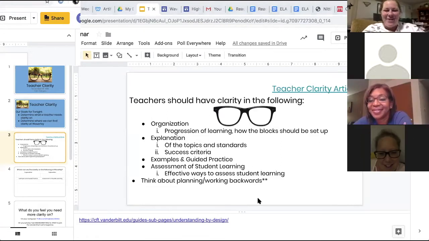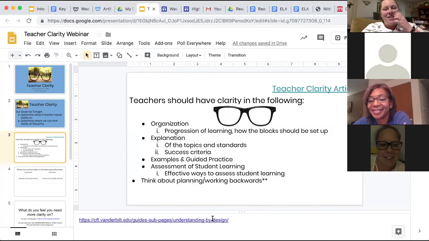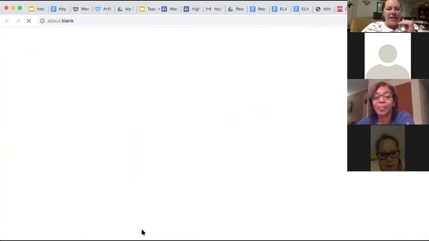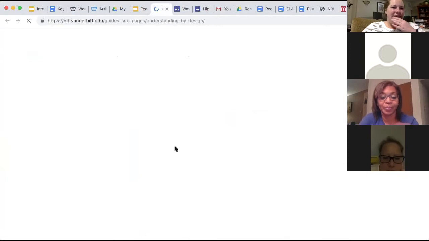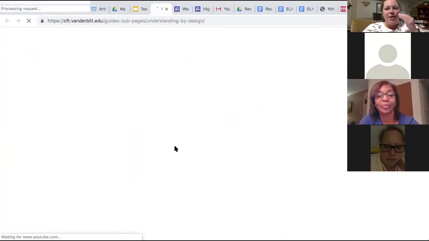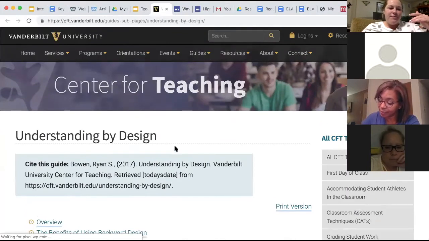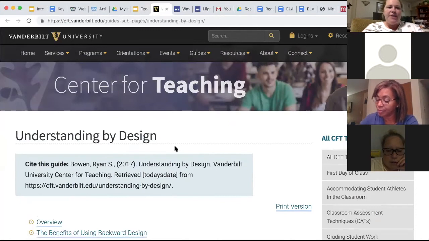But in the notes, there's Understanding by Design. So that's like backwards planning. So instead of starting with your learning activities, start out with your objective, what you want the kids to do, plan the assessment, and then go from there.